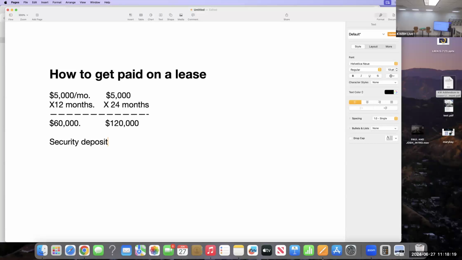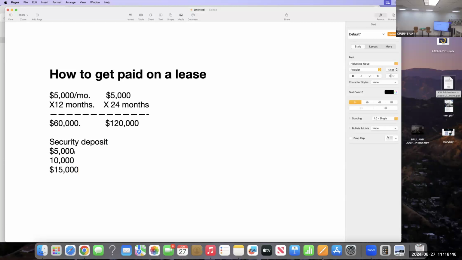If you're renting an unfurnished place, you can get 2 months security plus first month. A lot of people say first and last, but there is no last. We get first and security. Let's say we're getting first month of $5,000 and a security deposit of $10,000. That's a total of $15,000.